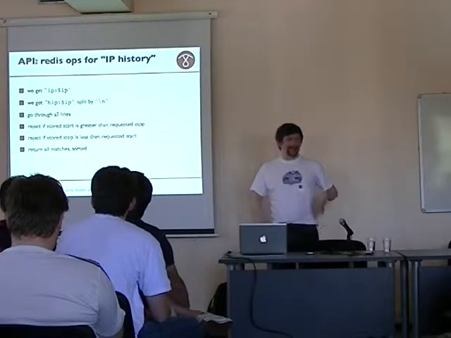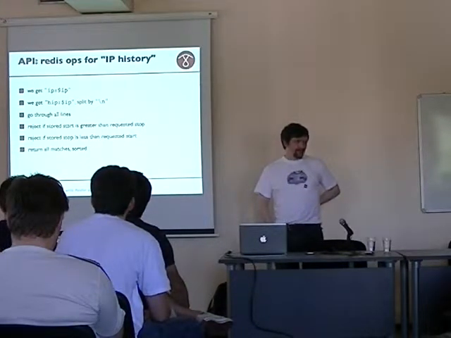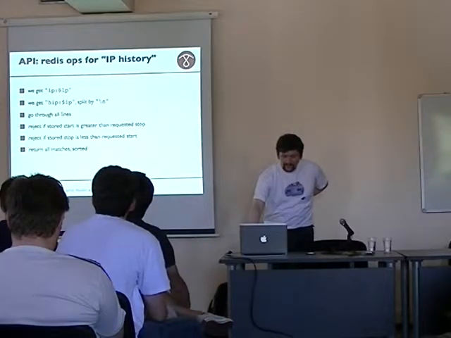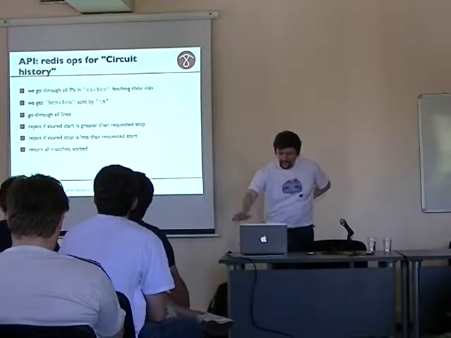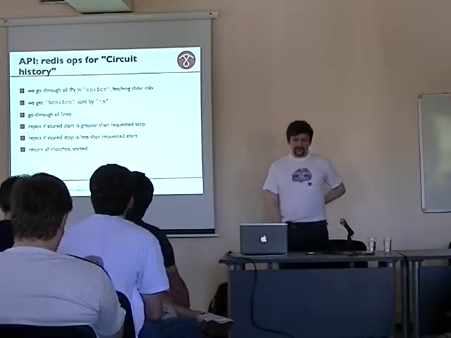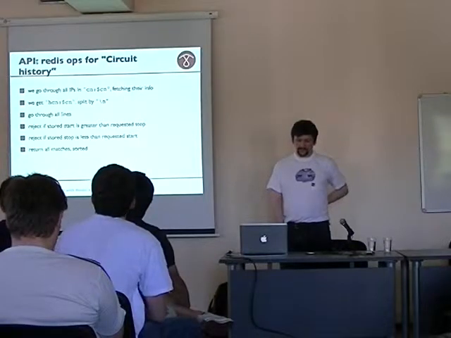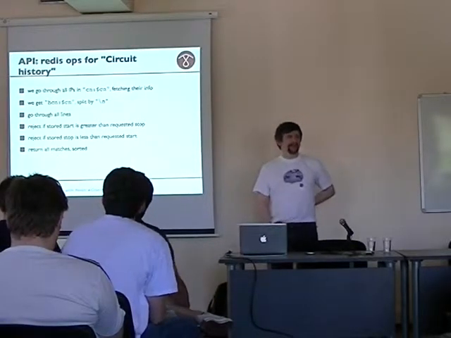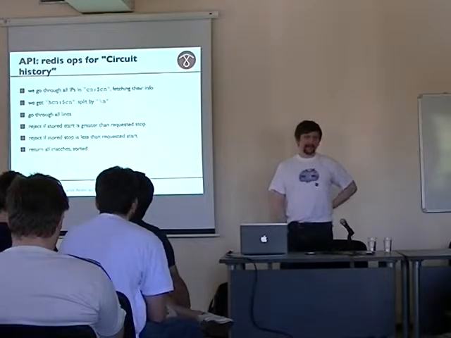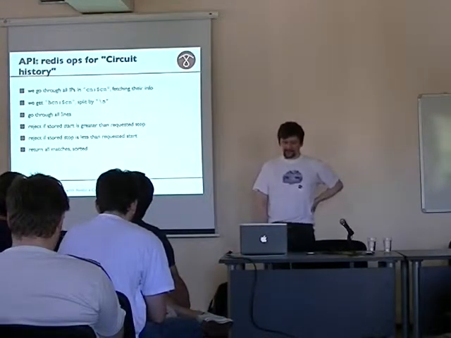Then we join them together and filter by timestamps. And pretty much the same what we do for the circuit history. So we do the same thing as in the circuit now, and then we do the same thing as in IP history, but for the circuits.